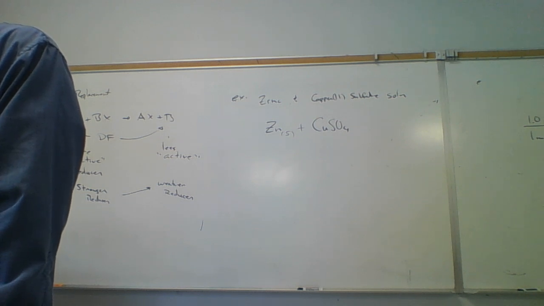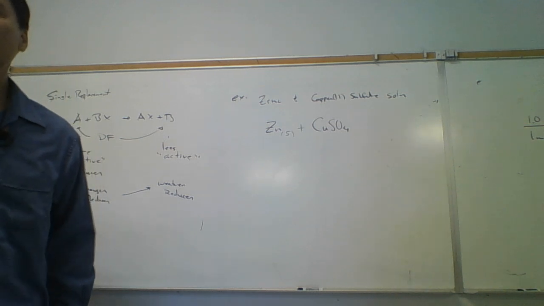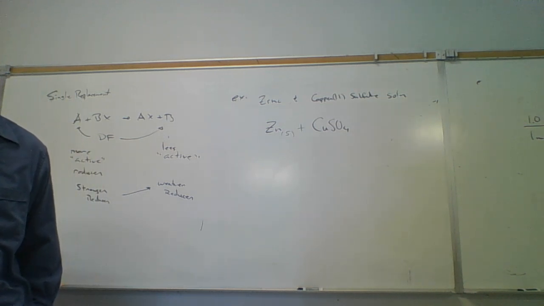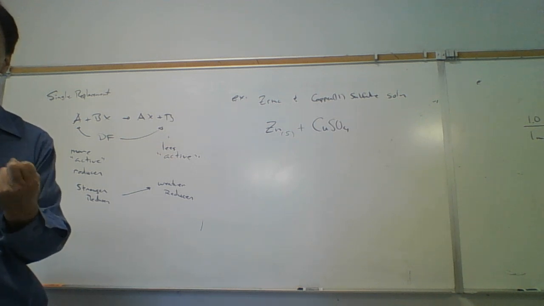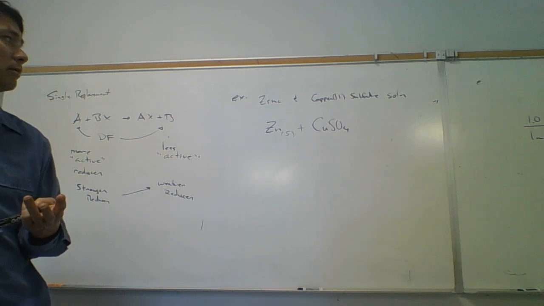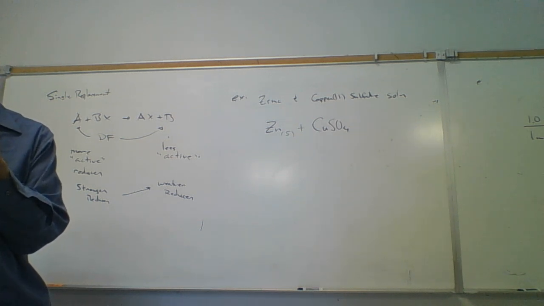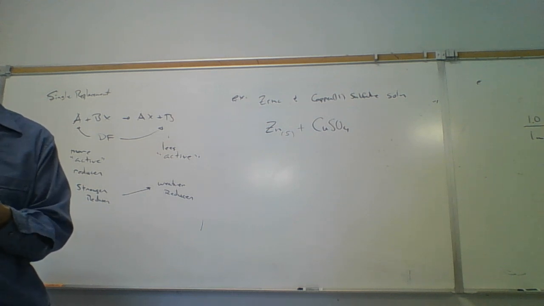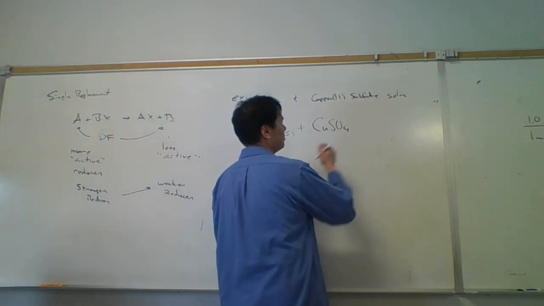Sulfates are soluble, except for which ones? Silver, lead, mercury 1, mercury 2, calcium (calcium is always 2), strontium and barium. So this is not one of the exceptions, so this is soluble.